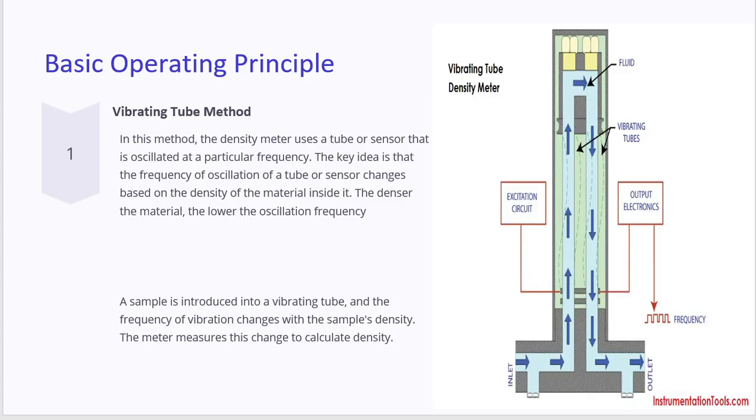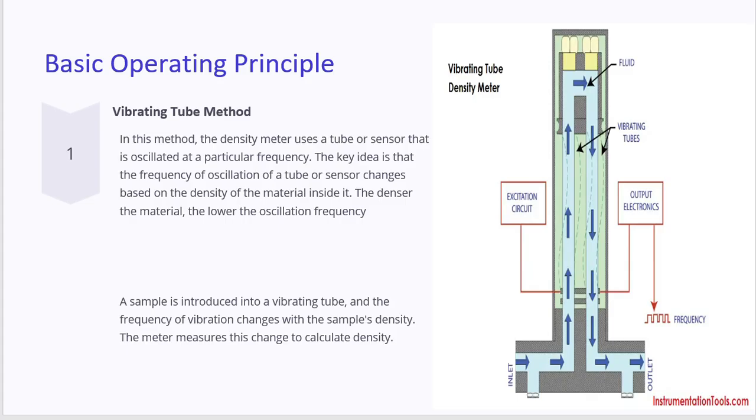Here in this picture, we clearly see that there is an excitation circuit, there is output electronics, and there is some component which is used to measure the frequency. There is a vibrating tube and there is an inlet in which fluid is entering, and there is an outlet where the fluid goes out from this vibrating tube density meter.